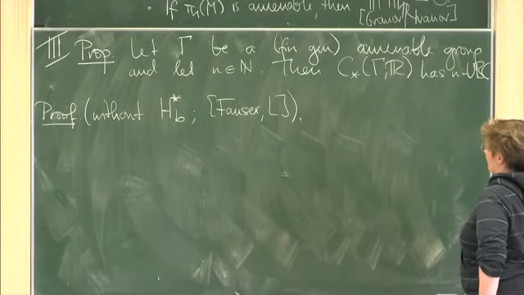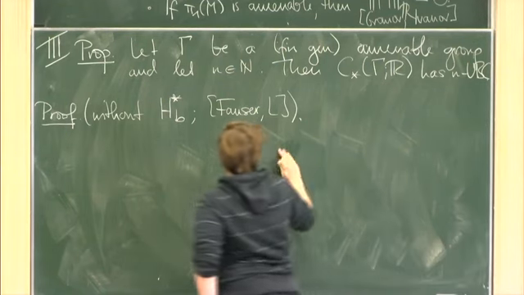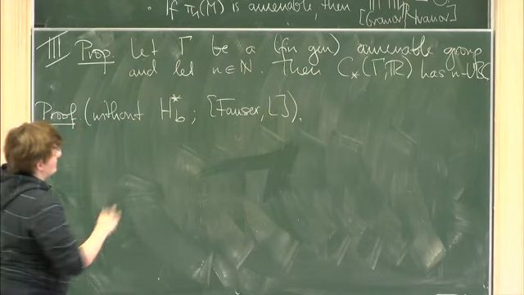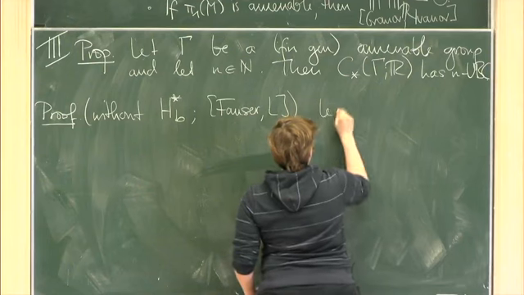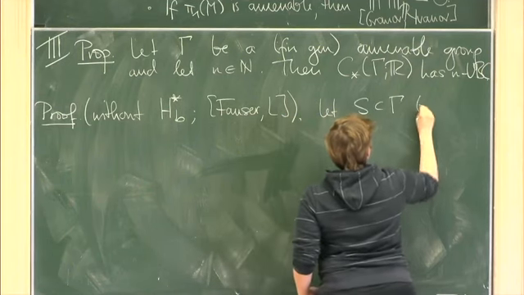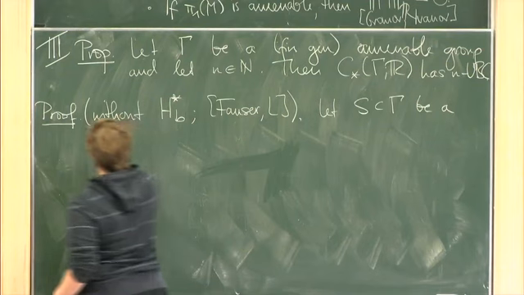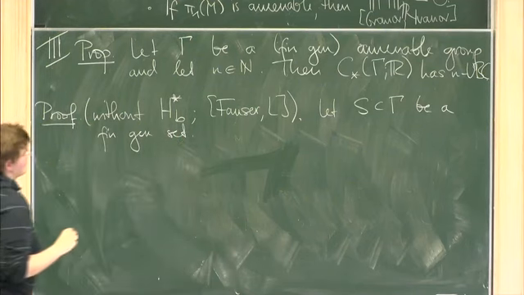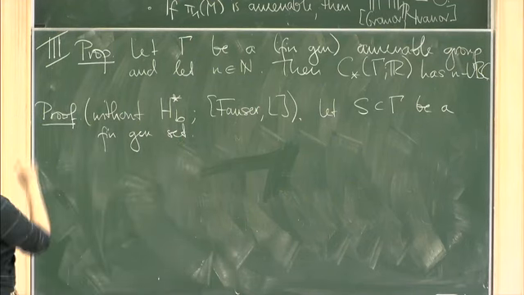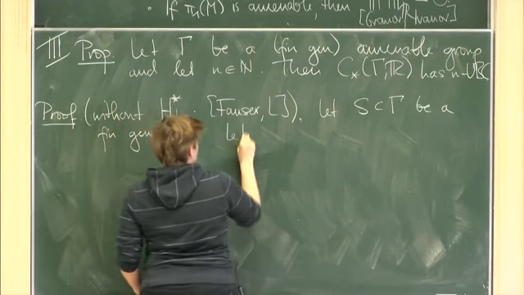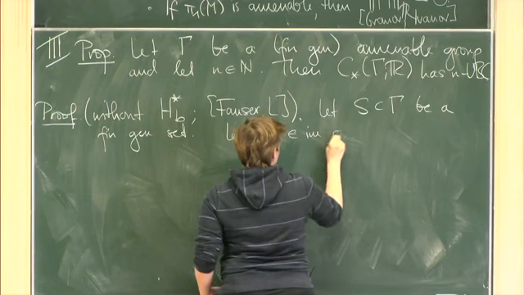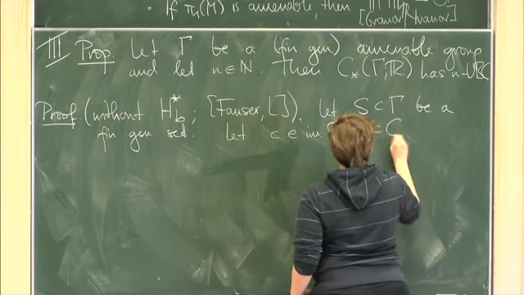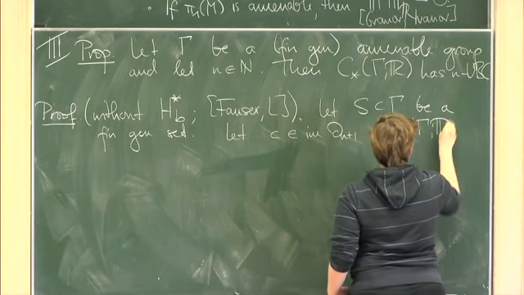So, okay, how does it work? Let's see. We have a finitely generated amenable group. So let S be a finite generating set of gamma. And let's assume that we have a boundary in Cn, so let's say in the image of the boundary map in Cn of gamma.